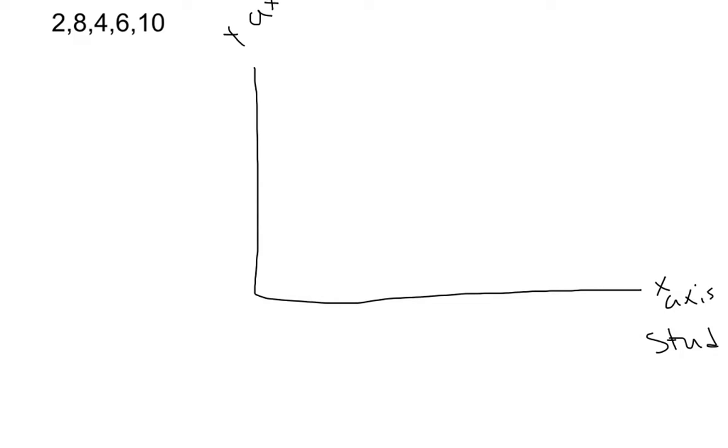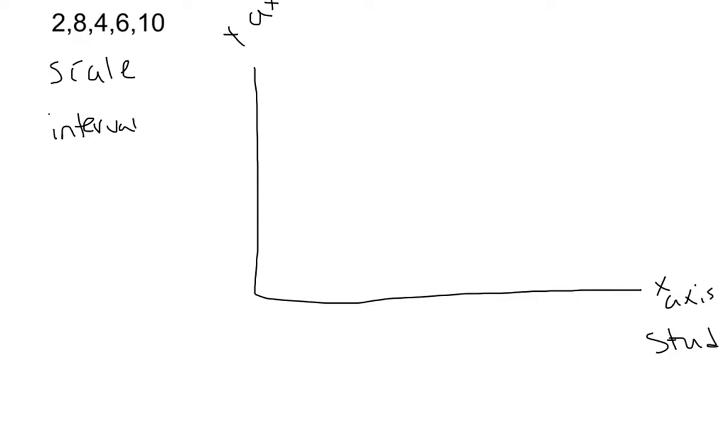Okay, so I know my scale for the y-axis: I have 2 as my lowest number and 10 as my highest number, and I want to go at least 1 or 2 intervals above and below those 2 numbers. So let me see what my interval is going to be.